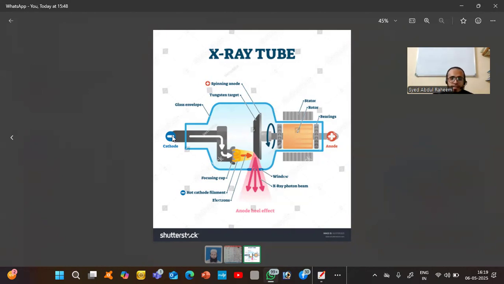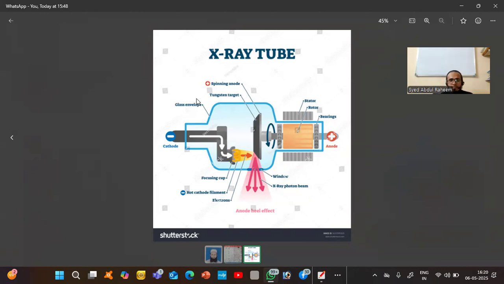One is the cathode. Okay, this is the cathode, minus. This is the anode. This is positive. The electricity which is passed travels from the cathode. So it is anode and cathode, positive and negative charges, covered with a glass envelope.